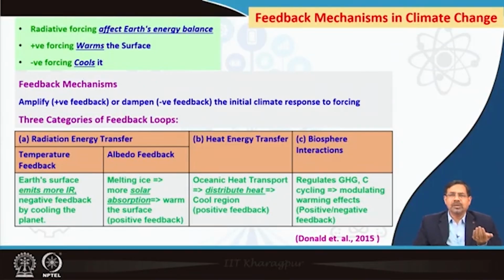Only from the albedo point of view, the forest is positive and the deforested land is a negative feedback because the albedo is higher there. But from the energy interaction point of view, it is comparatively a negative feedback. So, these are the various processes we are going to discuss as far as the biospheric interaction is concerned, so as to understand the feedback mechanisms in climate change.